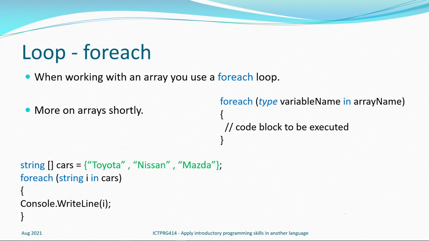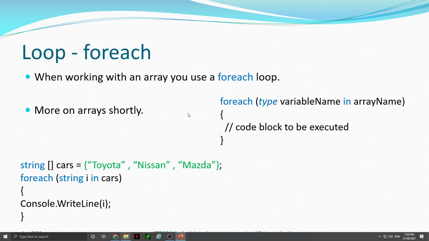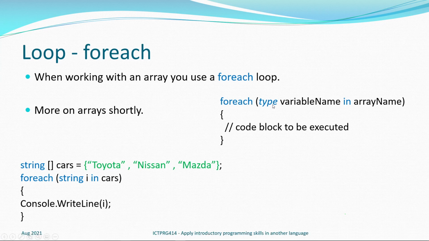The next loop is the foreach loop. Now this runs with arrays. So the syntax is foreach, the data type, variable name in array, and run the code. The type can be a string, it can be an integer, whatever data type is stored in the array.